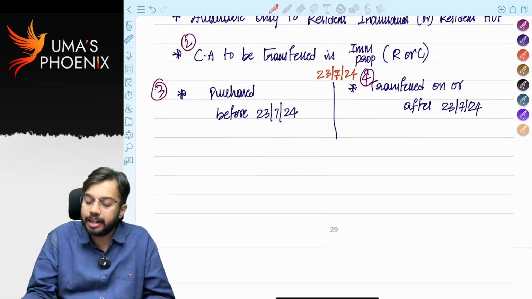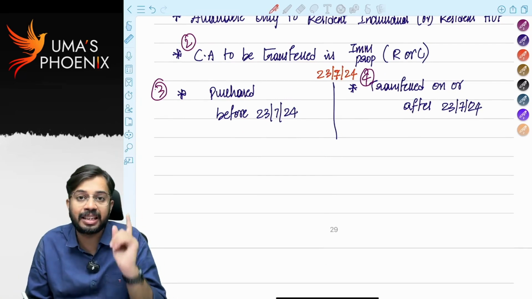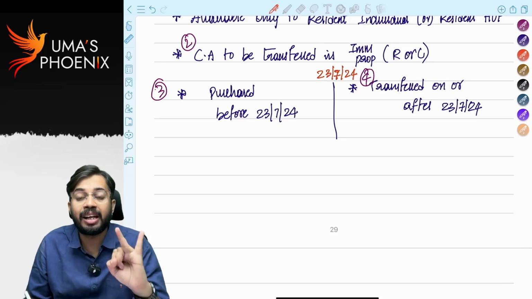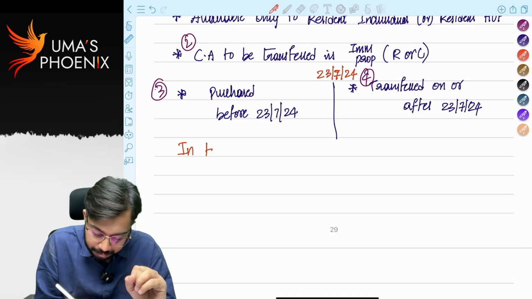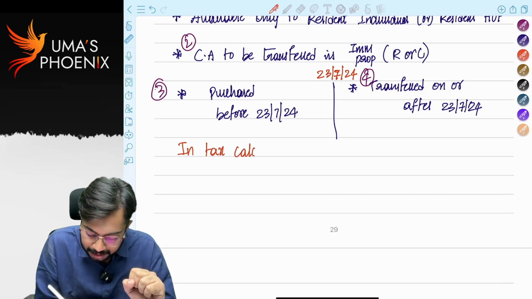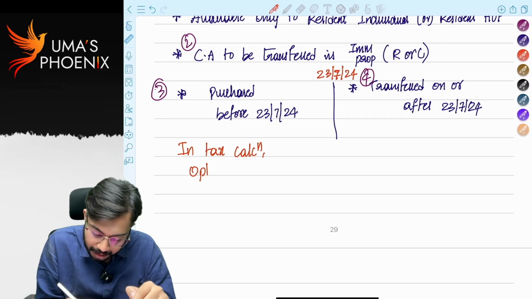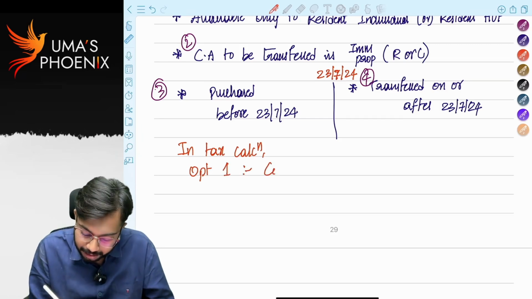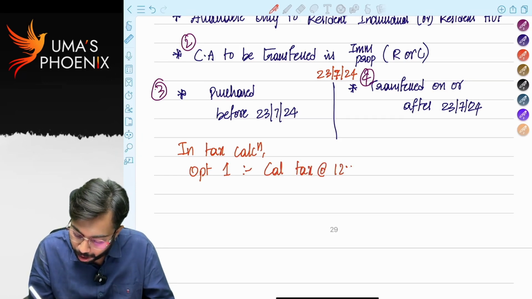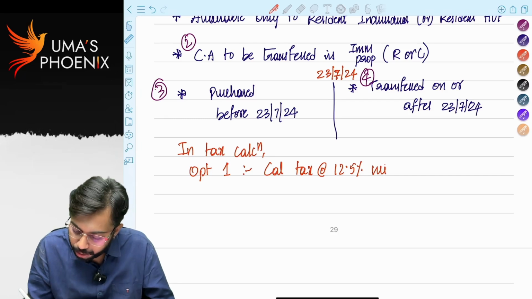If all these 4 conditions are satisfied, then the assessee is having 2 options while calculating tax. Option 1, calculate tax at the rate of 12.5% without indexation benefit.